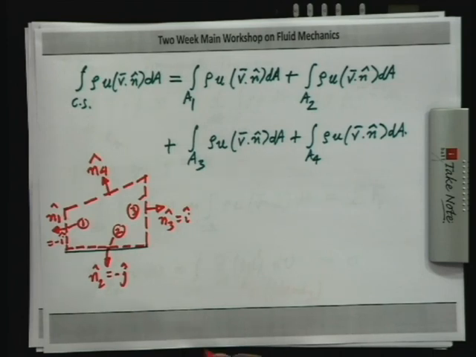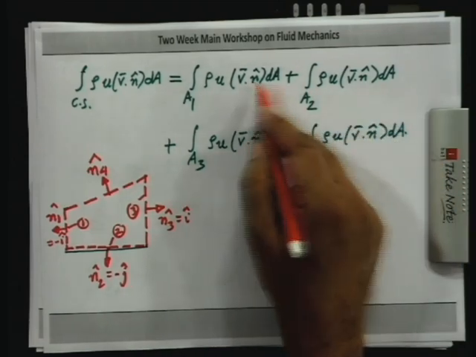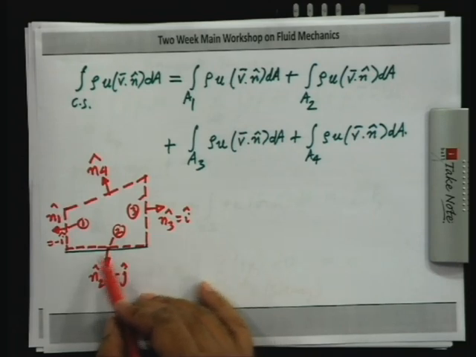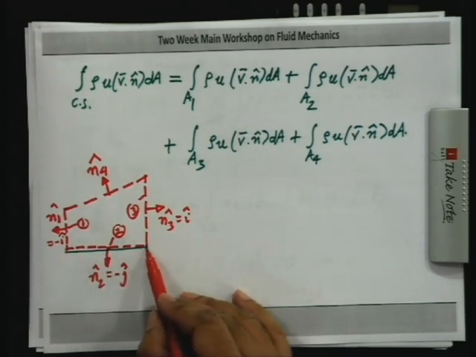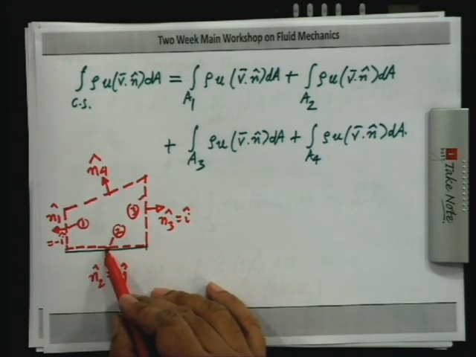Now, let us first of all look at these 4 integrals and see if some of them are 0. This green line here represents the plate which is an impermeable solid. So, the mass flux through the plate is 0 through any elemental area dA.